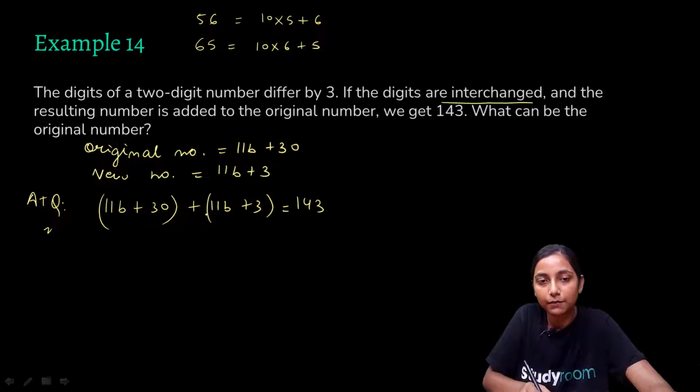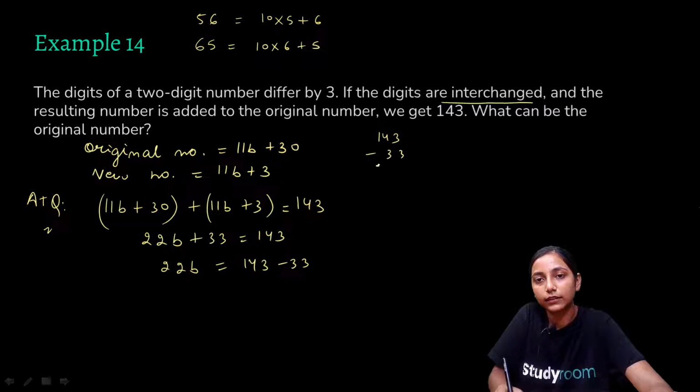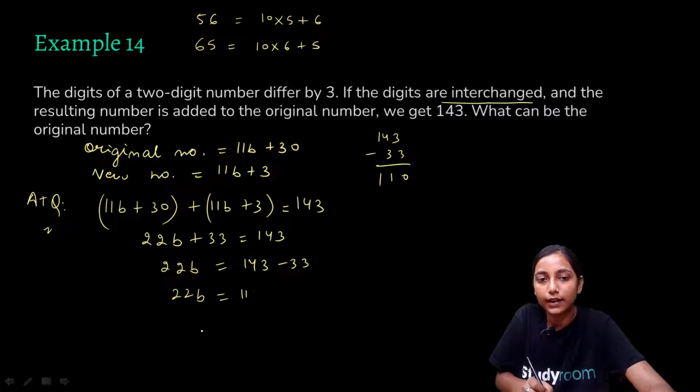Solve it. It will become 11b plus 11b, 22b plus 33 is equal to 143. 33 will go to the other side and it will become 143 minus 33. You can do it on the rough side. It will be 143 minus 33, which is 110. So it becomes 22b equals 110.